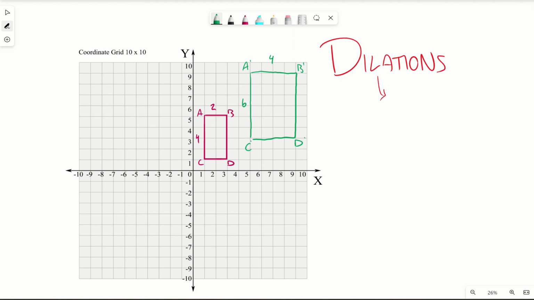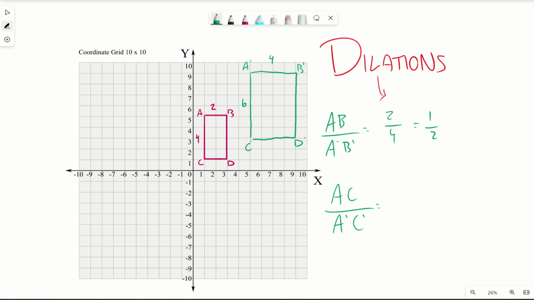So I'm going to say, is this a dilation? Is AB over A prime, B prime the same as AC over A prime, C prime? So let's check. AB is 2 over 4 equals 1/2.